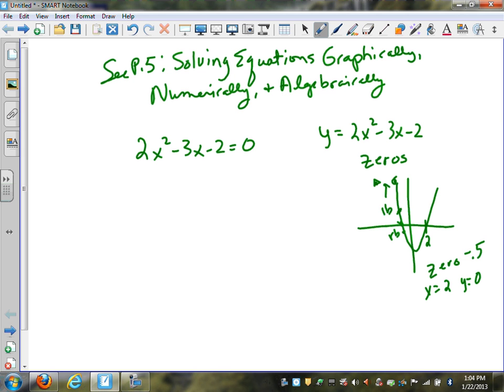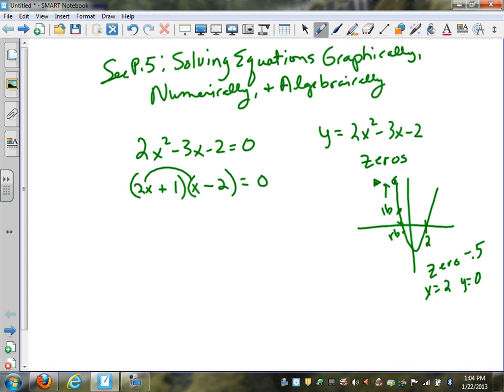Now let's solve it algebraically. 2x times x gives you 2x squared. You need factors of 2. You can't put a 2 with the 2 because then you'd be able to take a 2 out. So the 2 has to go over there and the 1 there. You want this to be negative 4x and this to be positive.